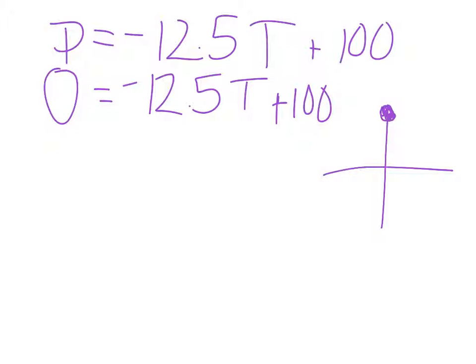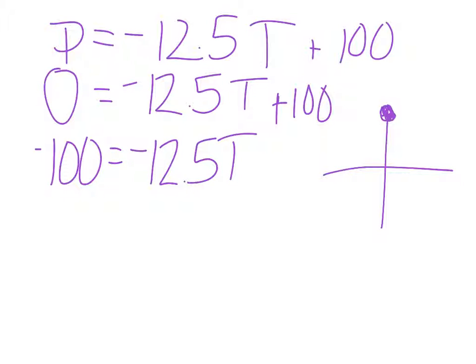You have 0 in for y, or for p. So now I should have negative 100 equals negative 12.5t. And divide each side by negative 12.5 if you want to do it that way.